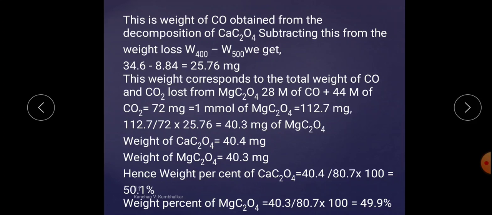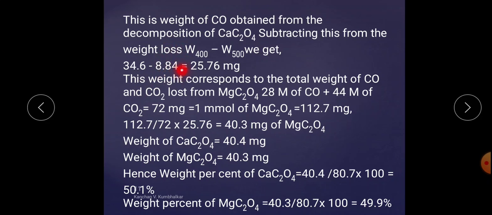Now as per given, 34.6 mg of weight loss takes place, out of which 8.84 is because of the calcium oxalate, so minus it, we get 25.76 mg. It is the overall weight lost in between 400 to 500 degrees Celsius.